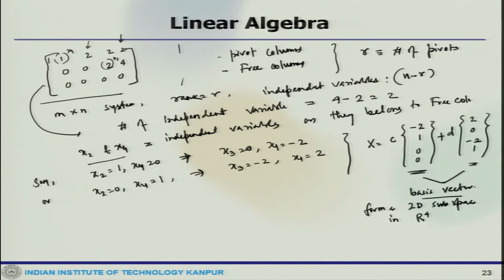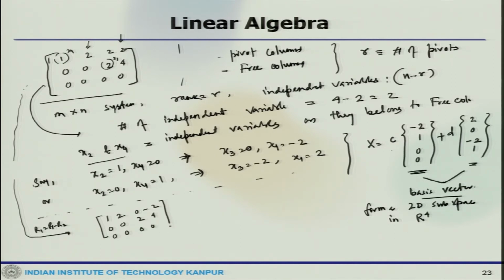Now we can do a little bit more calculation. From here, if we do further operations like R1 equals R1 minus R2, some more elimination just above and below the pivot, we get 1 2 0 minus 2, 0 0 2 4, 0 0 0 0.